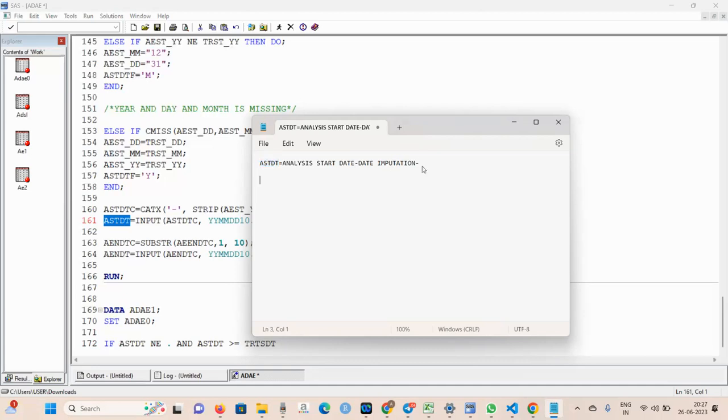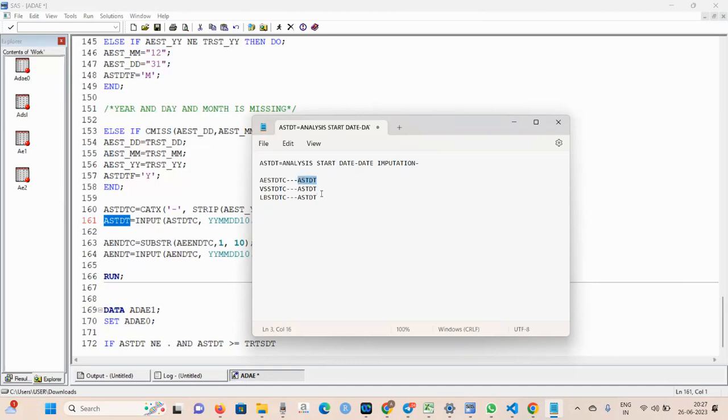For example, AESTDTC, or VSSTDTC or LBSTDTC. Any date where you have partial dates, if you impute, after imputation that date will be considered AESTDT, the analysis start date. That's the difference. If you do some kind of derivation or imputation, that date will be considered the analysis start date.